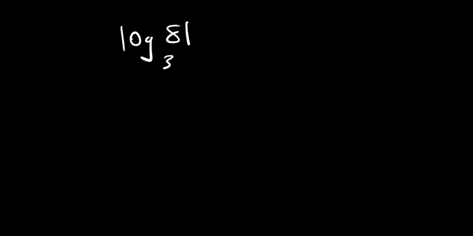Another property of logs that I haven't talked about is, if I've got a log with base a, and this a is raised to a power, let's say b, this b is going to become the coefficient of the whole log. So I'm going to have b log a of a, and log a of a just gives us a 1, so my answer is just going to be b. Or you can also try to reach that form.